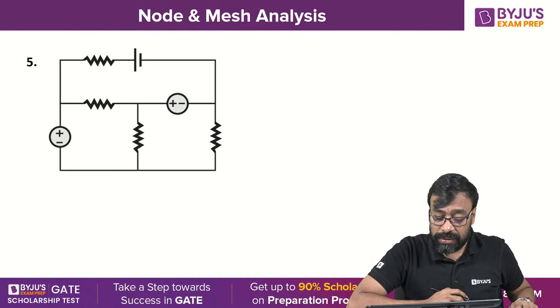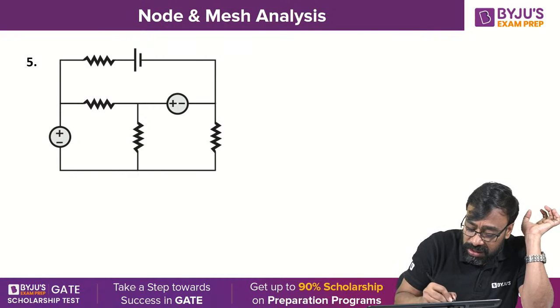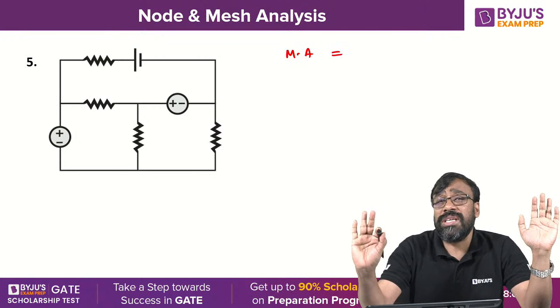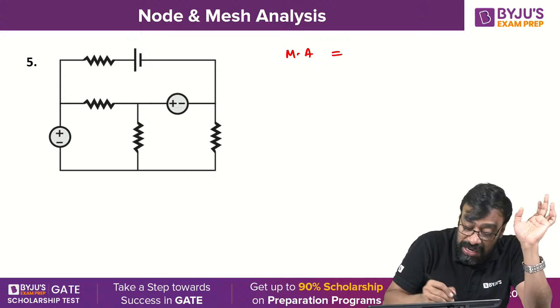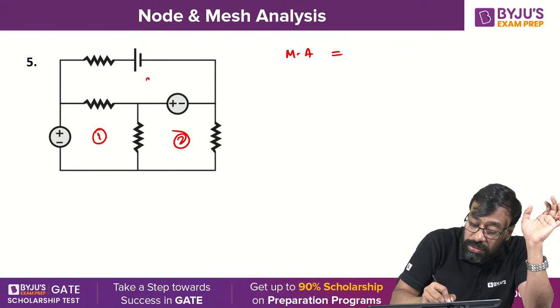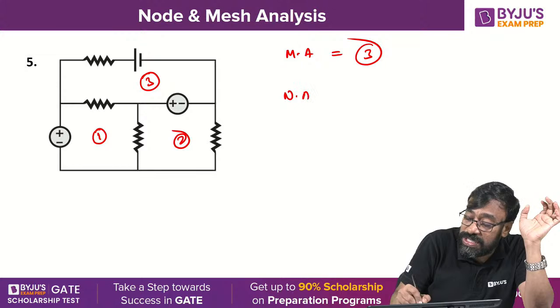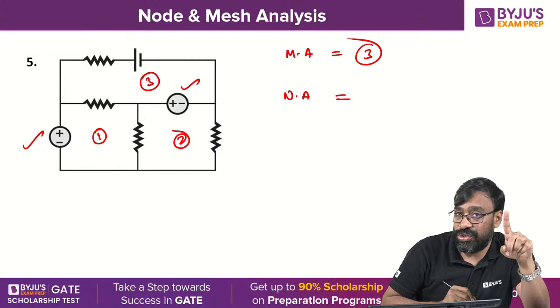Now, this is another important question here. How many equations will you get using mesh analysis? There are no current sources. When there are no current sources, L number of equations are required. L, fundamental loops, 1, 2, 3, that's it. 3 equations required. In node analysis, you must be careful here because there are 2 ideal voltage sources without any series resistors.